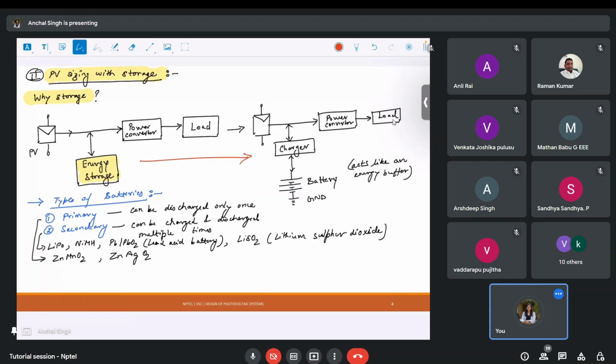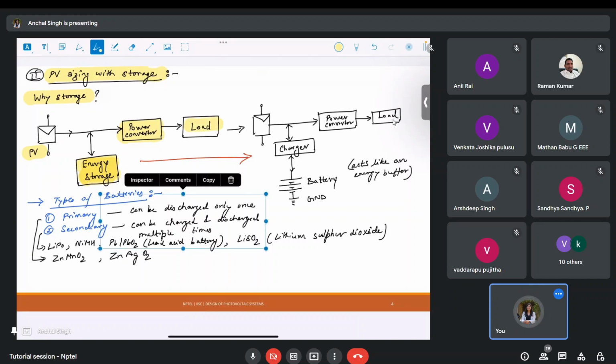So this whole system will have our PV panel, we'll have energy storage, then we'll have a power converter in order to convert the DC that is available into the kind of supply that my load needs. So therefore a power converter will be needed. Now suppose I am considering electrical kind of energy storage, then that will contain a battery, a chemical device that could convert chemical energy into electrical energy, and then there will be a charger system.